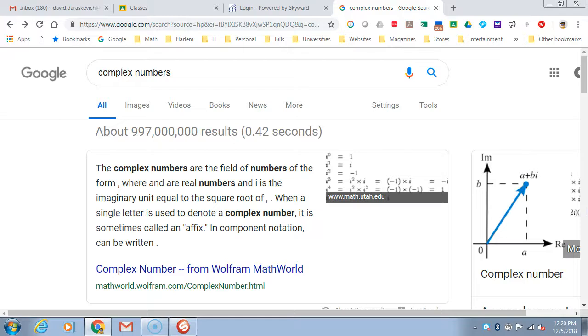What's i to the 5th? What's i to the 6th? What's i to the 7th? i to the 8th? Do you see the pattern after a while? After squared, it's negative 1, positive, negative, positive, negative, positive. Pretty easy.